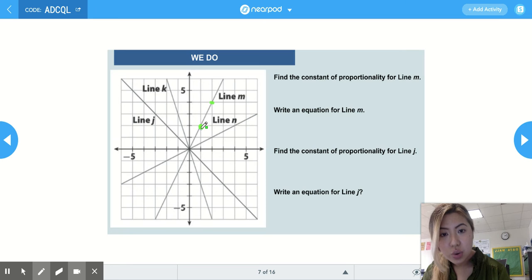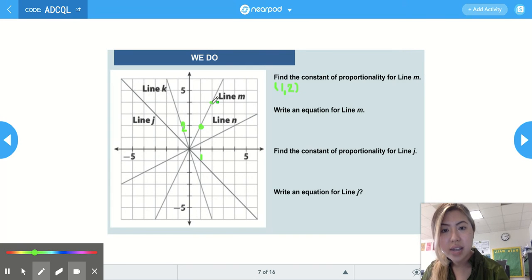So this first coordinate is 1, 2, since both the x and the y axis are counting by 1s. This next coordinate is 2, 4.